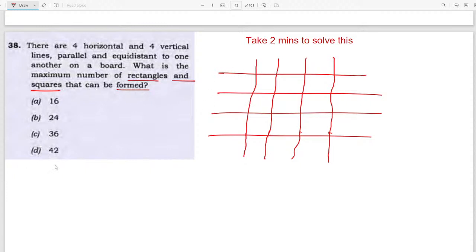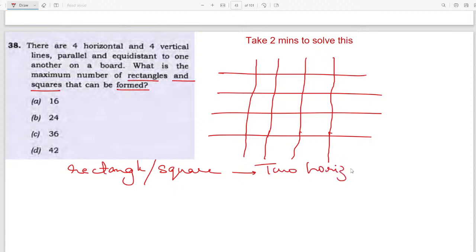To form a rectangle or a square, you need 2 horizontal lines and 2 vertical lines.